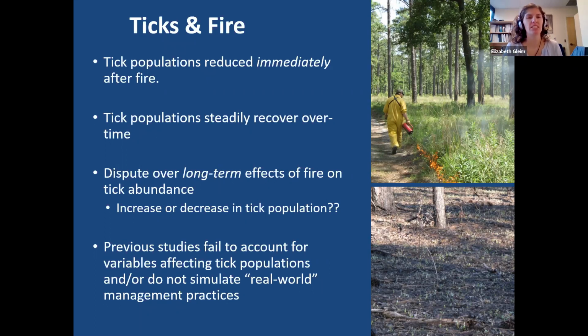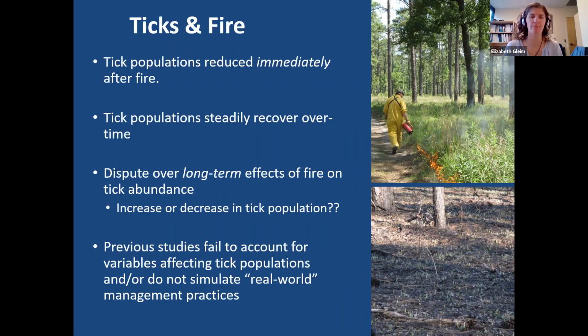And that's really different from what we see in management scenarios where you're burning typically dozens, if not hundreds or thousands of acres, and you're doing so on a regular basis, anywhere from every 2 to 5 years, if not more. And that has distinct implications for the ability of a tick population to recover, whether you're burning a small patch of land versus a big patch of land, whether you're doing repeated burns or a single burn.